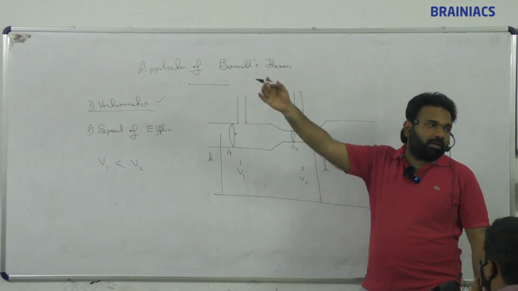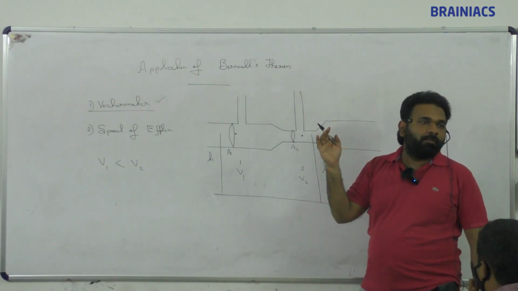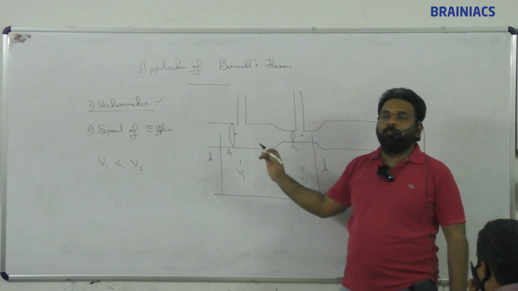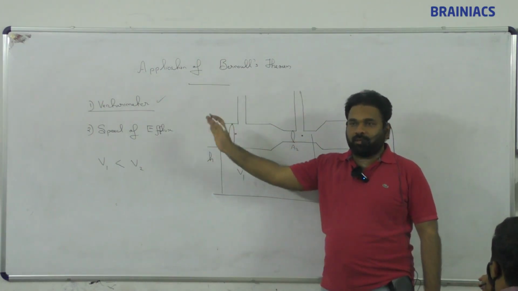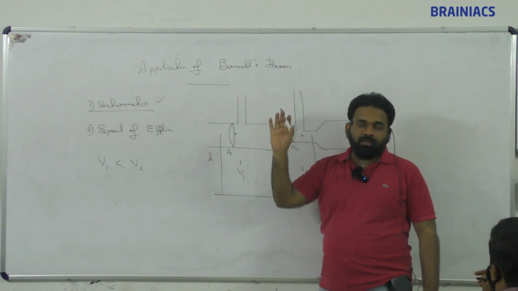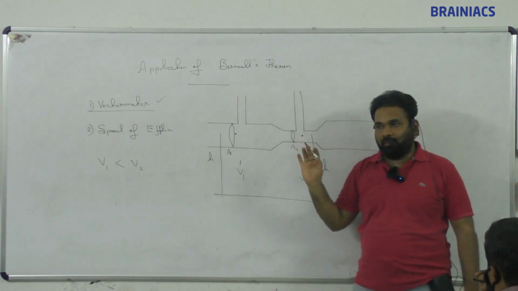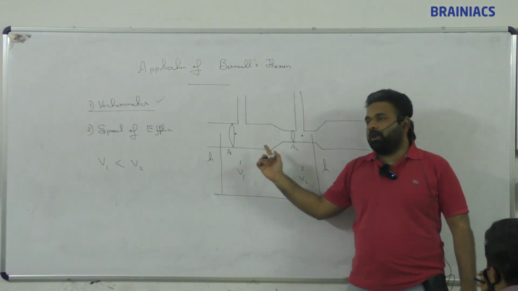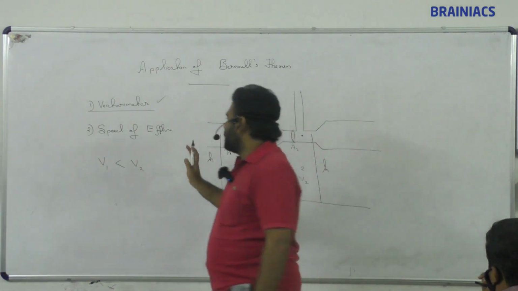Then whatever we have studied would be wrong. This is dynamic and that is static. Correct. Only in static fluid will pressure be equal at the same level. In the case of dynamic fluid it can change.